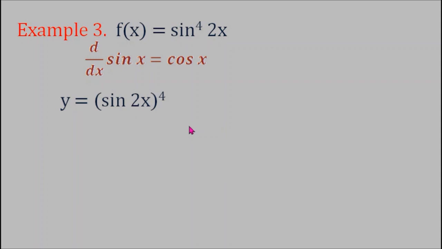Take note that sine to the power of 4 2x can be written as the quantity sine 2x to the power of 4. And by the power rule, the derivative of x to the n equals n times x to the power of n minus 1.